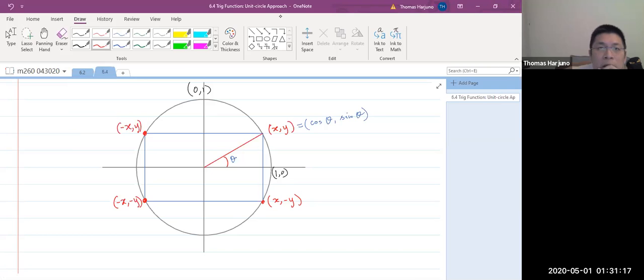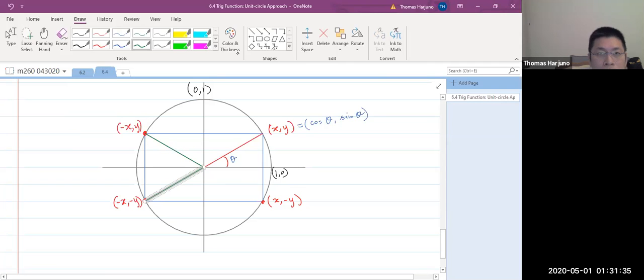Now, each of those coordinates actually has the same reference angle. This is theta, this is also theta, this is also theta.